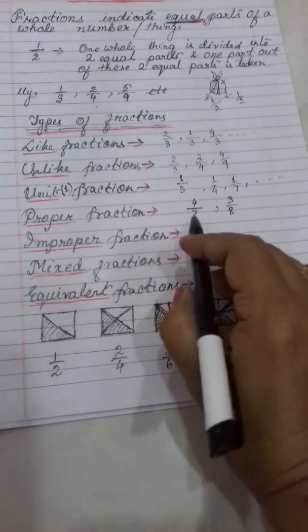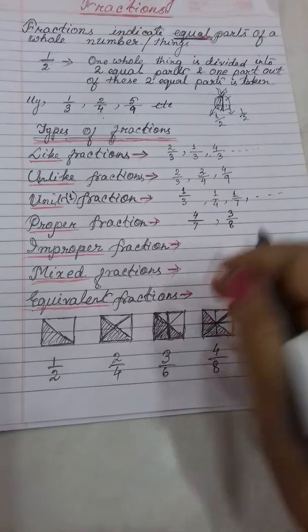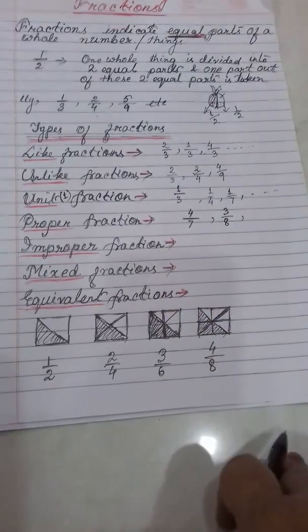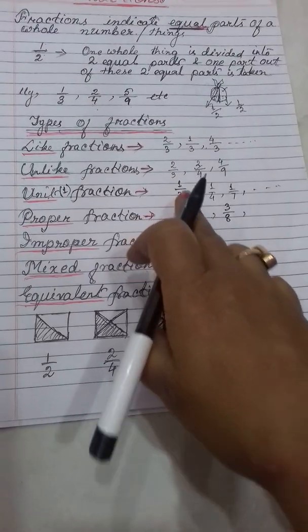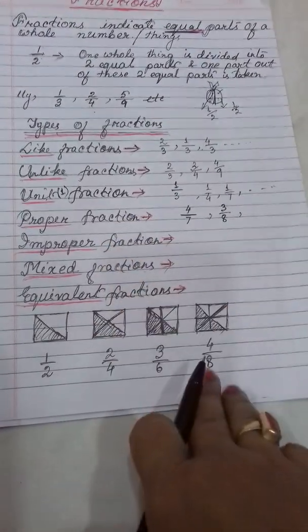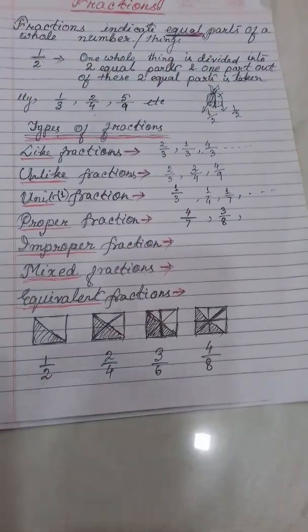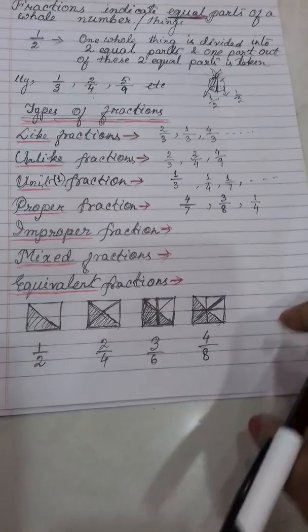Whatever, this type of fraction is known as what? Proper fraction. Now one thing I must tell you here, unit fraction is also known as proper fraction, because in unit fraction 1 by 3, here 1 is smaller than 3 or 1 is smaller than 4. That means unit fraction also you can consider as proper fraction.